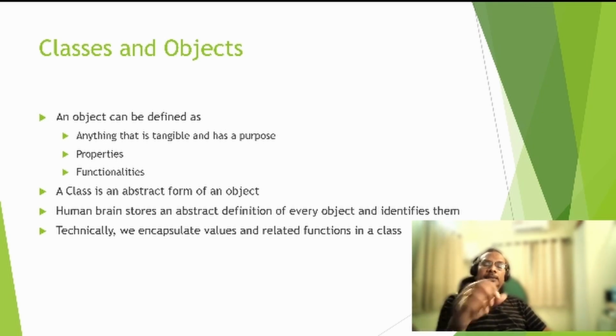And the functions are to drive, to brake, to take a person from one point to another safely. All these are functions of a car, right? So you encapsulate these things in a class as an idea and then store it in your brain.